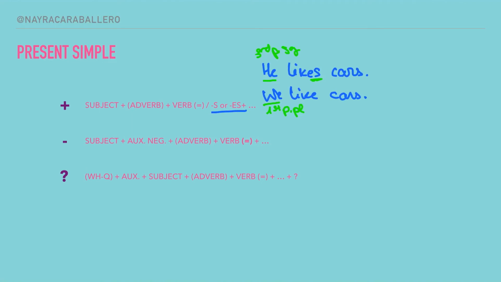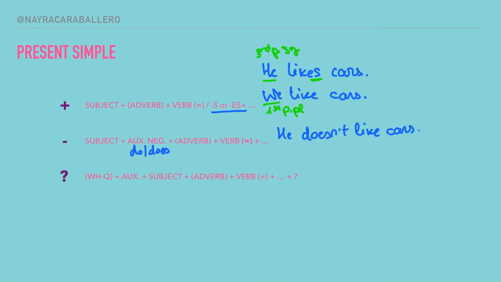In the negative form, we just add the auxiliary verb in negative. The auxiliary verb in negative in present simple tense is do or does. So it would be, he doesn't like cars.